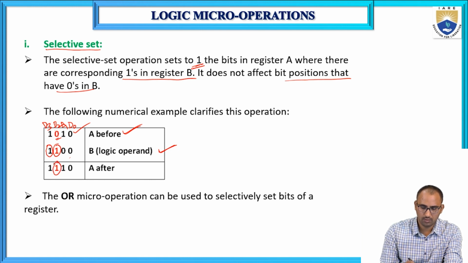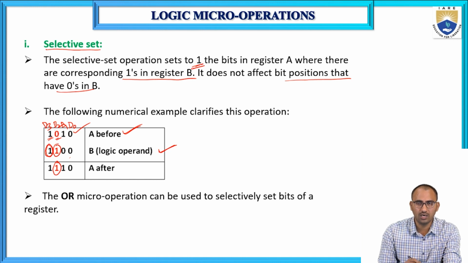Next, the last position is 1, and the corresponding bit in register A is already 1, so no need to change. If it is not 1, then we can make it logic high.